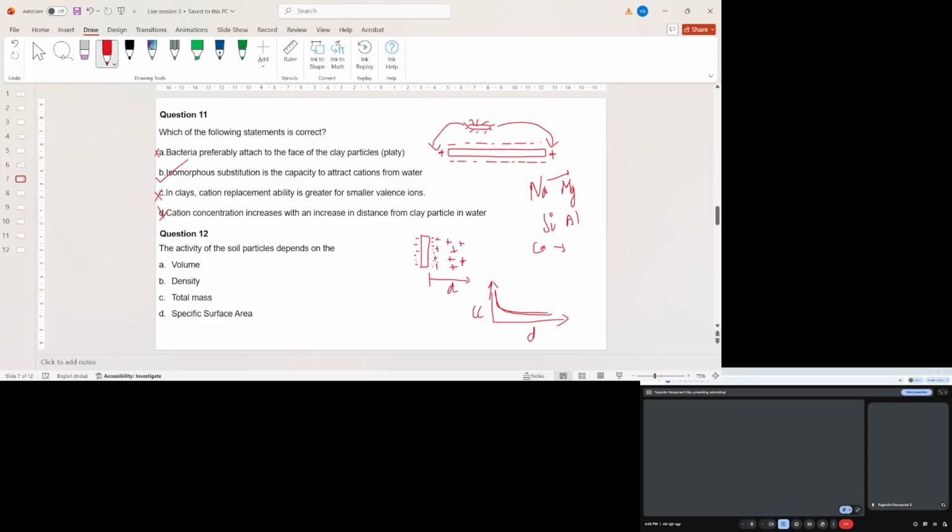As we already discussed, the activity of the soil particle depends on specific surface area. Specific surface area is the measure of the area available for interaction to take place, so that indirectly gives a measure of activity. This is a fairly straightforward question. So the right option is option D, specific surface area.